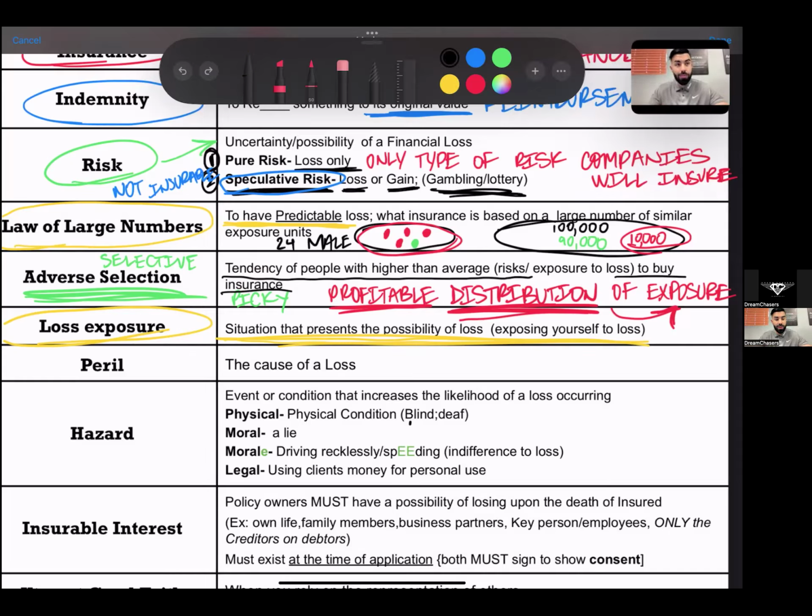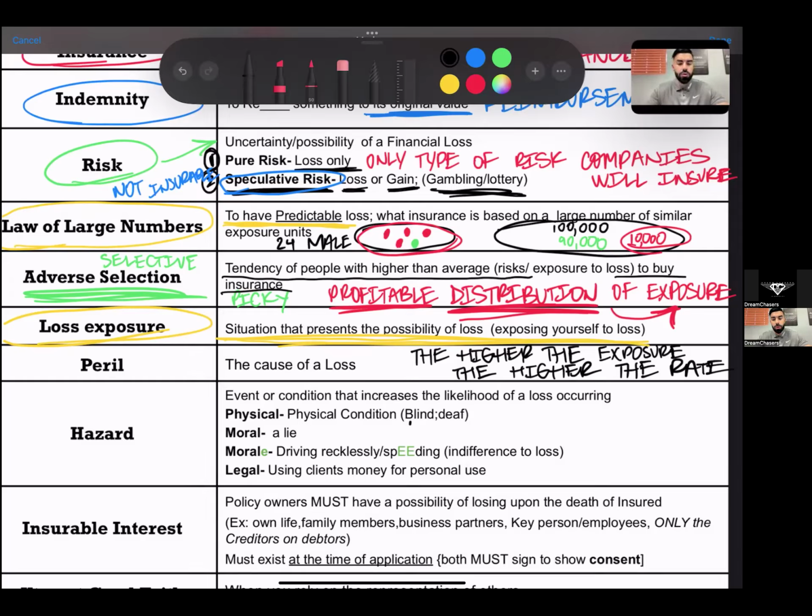So, one thing I want you guys to remember about loss exposure is the higher the exposure, the higher the rate.